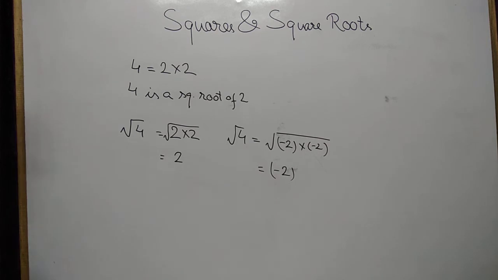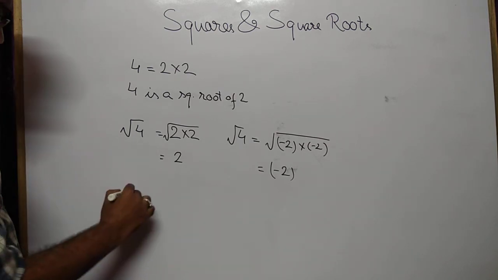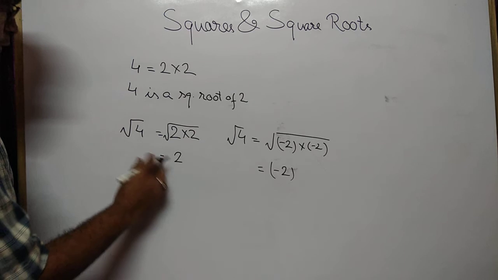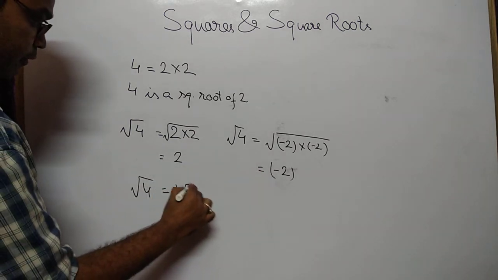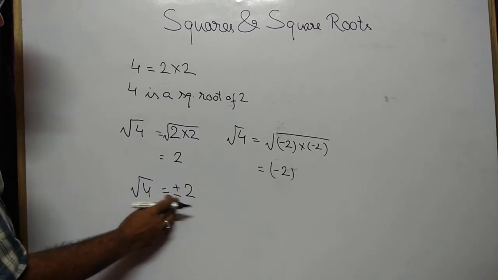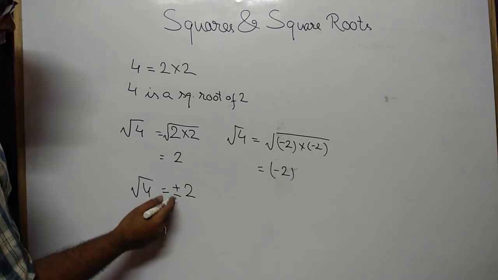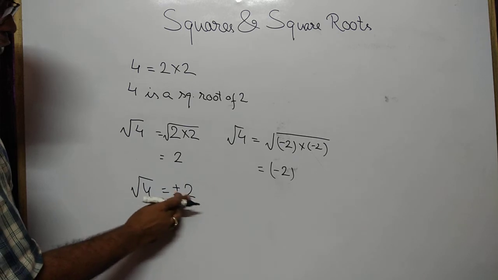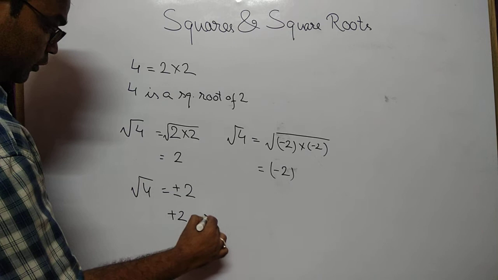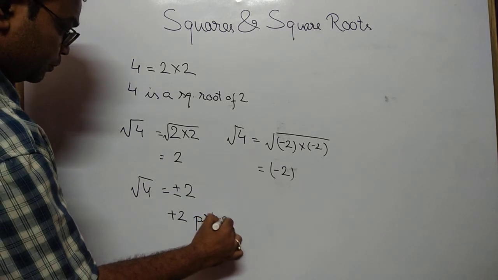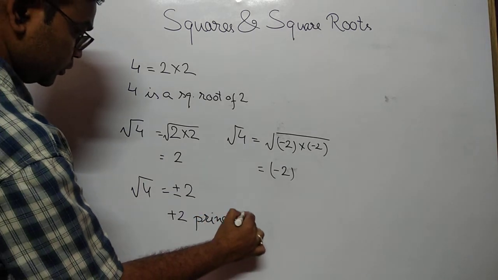In the case of the square root of 4, from these two conditions we can say that the square root of plus 4 may be plus 2 or minus 2. But remember, there are two types of square root, plus 2 and minus 2. Plus 2 is known as the principal square root.